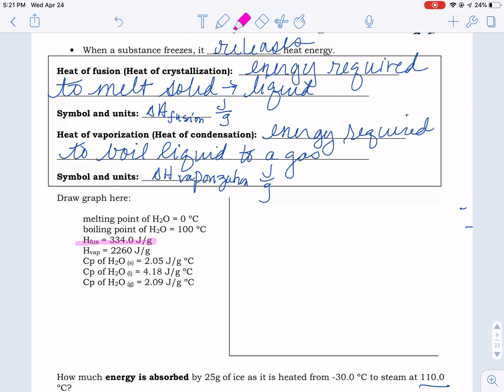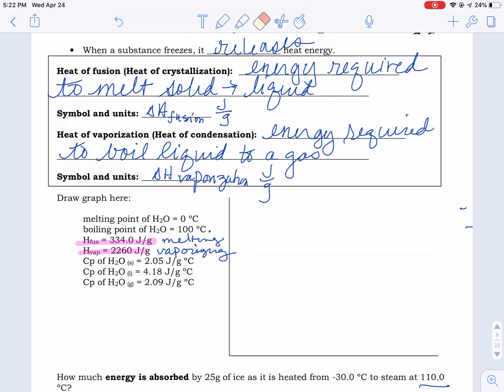Here is the enthalpy or the heat of fusion for water, delta H of water, and here's delta H of water when it vaporizes. So this is melting, and this is vaporizing, becoming a gas.